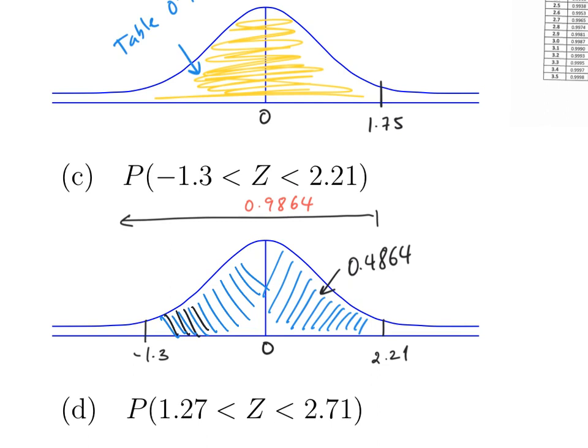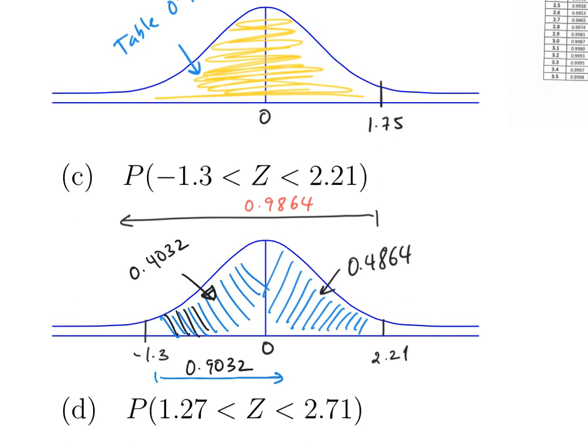So what's the value for 1.3? It's 0.9032, right? So therefore, how much would be the blue area? Using the same logic we did for the other one, 0.4032, right?